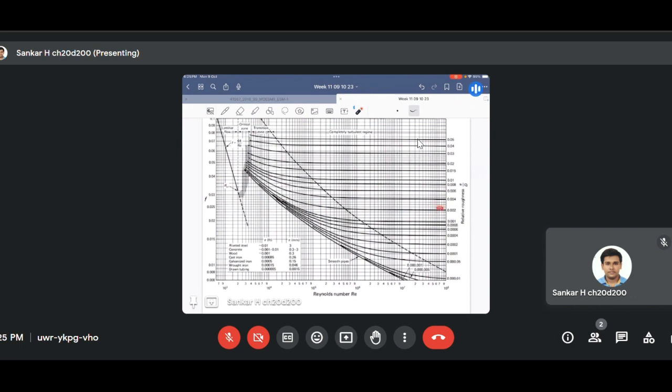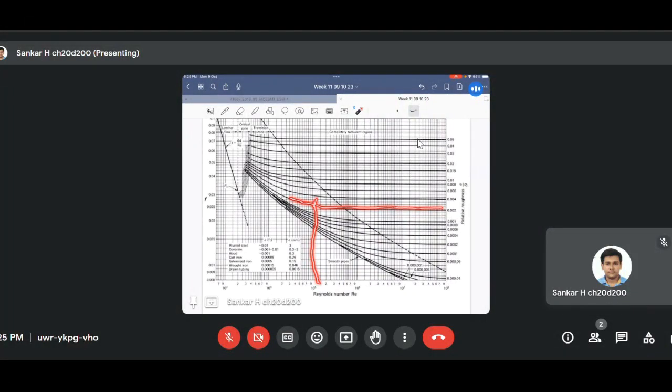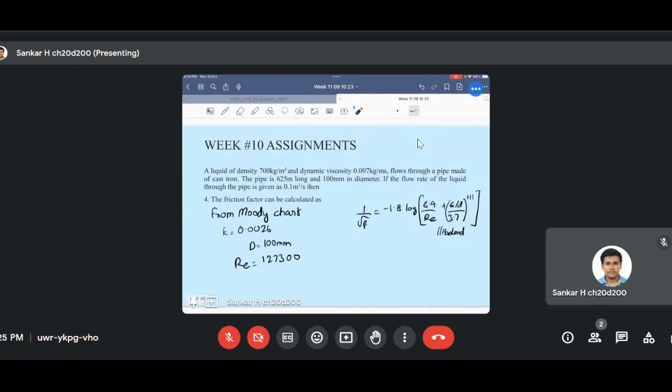Let's move along this line, and then it will slowly increase to such a value. And we know that the Reynolds number of 1.27 into 10 raised to 5 will meet somewhere around here. At this point, if we extrapolate to the y-axis, we'll get a friction factor that is close to 0.025.